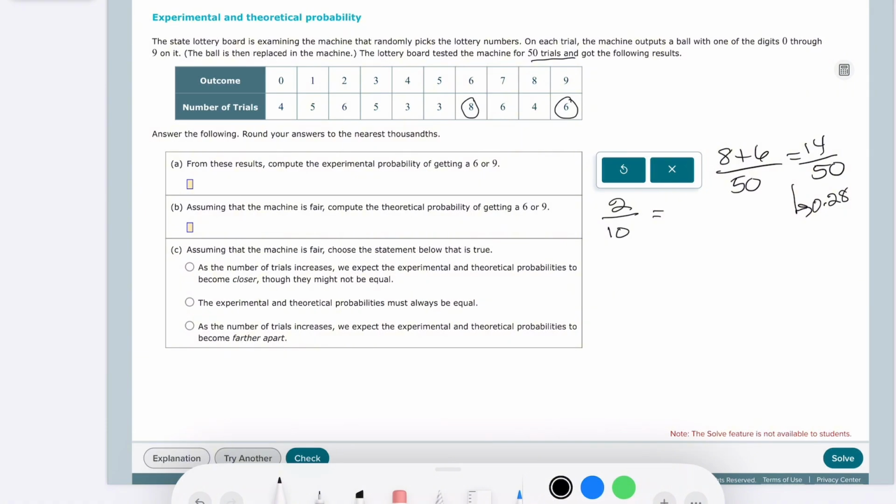And then 2 out of 10, 0.2. Okay, so as the number of trials increase, we expect the experimental and theoretical probabilities to become closer, though they might not be equal.